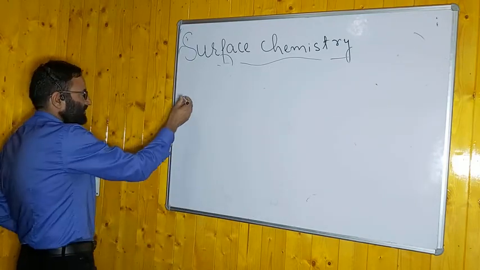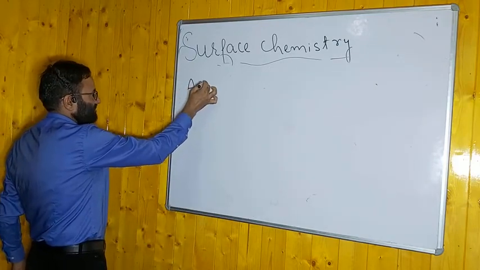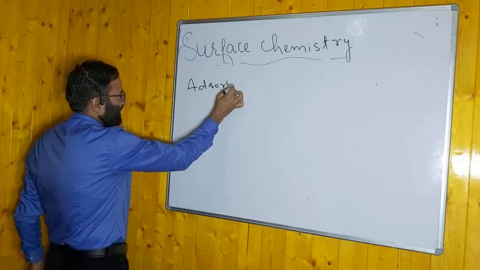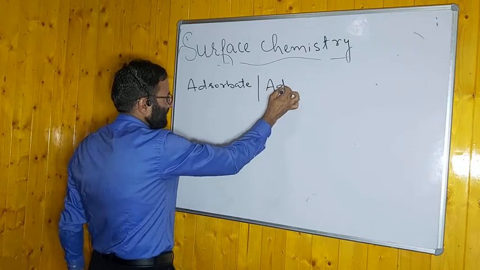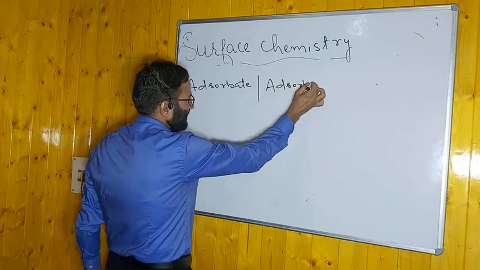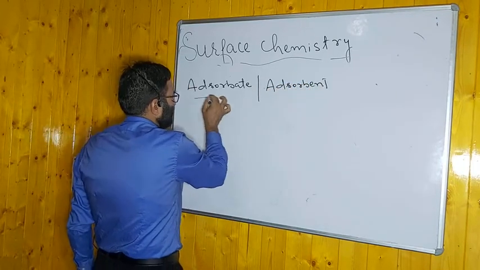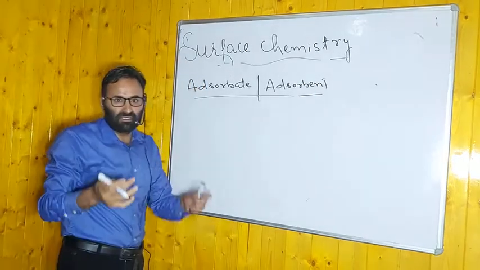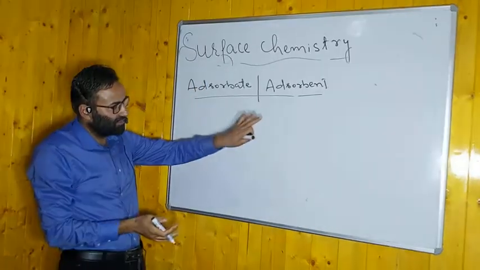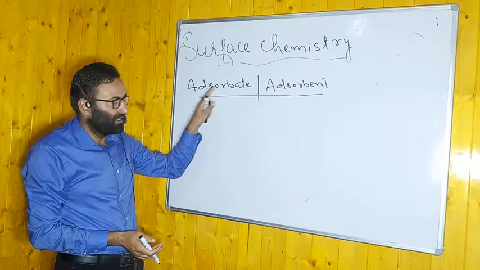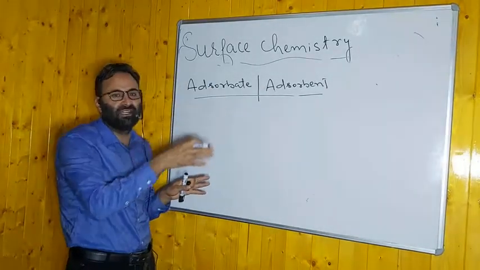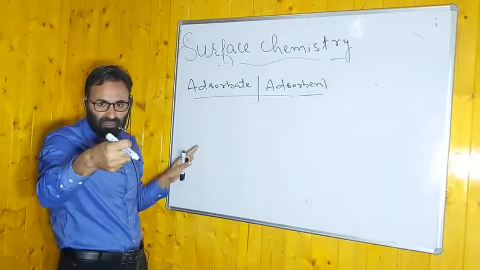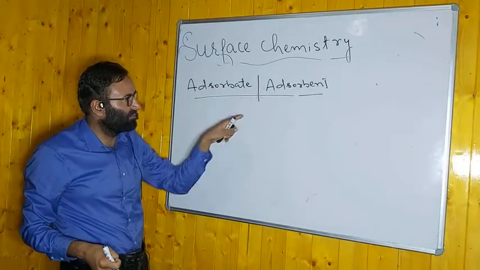We have the first, adsorbate and adsorbent. Adsorbate means dust particles which get accumulated. Adsorbent means the substance on which accumulation takes place. That is the board. Dust particle means adsorbate and the board means adsorbent.